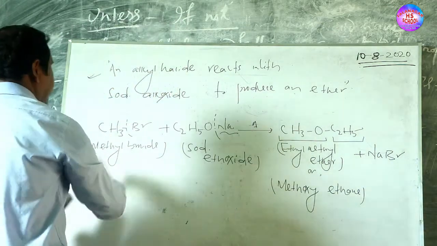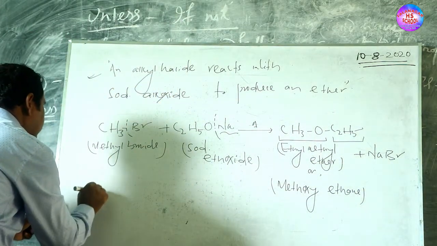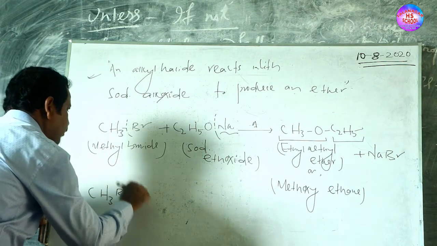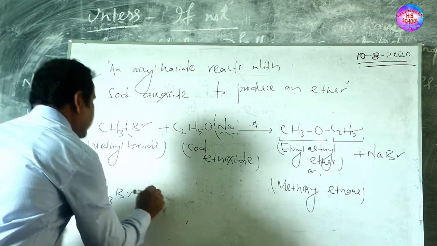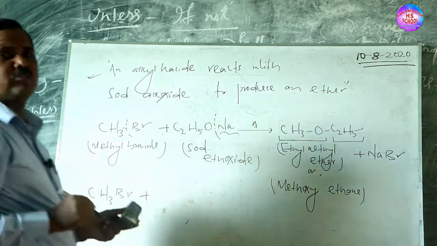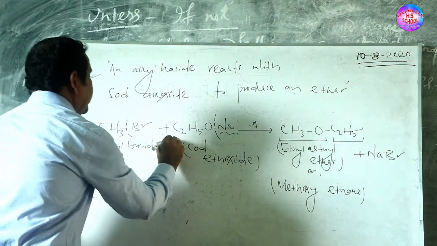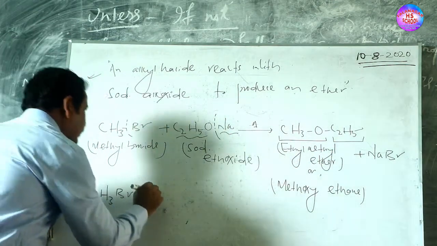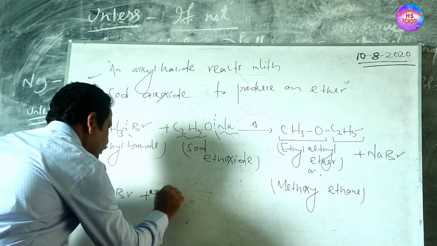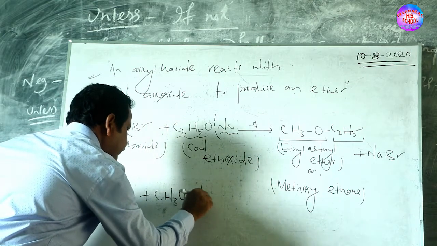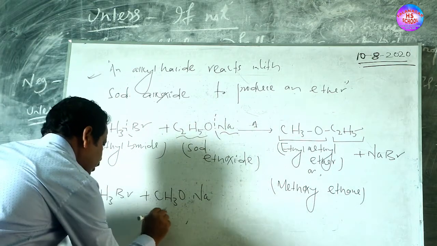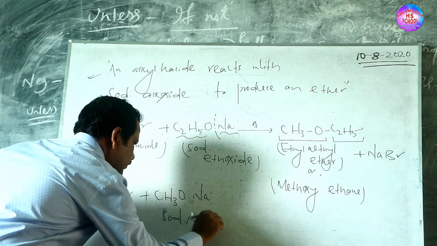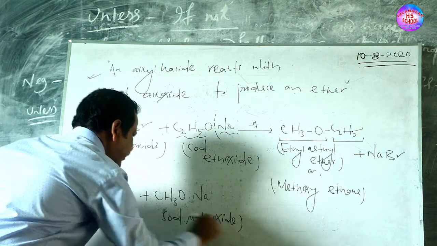So another example: suppose methyl bromide plus sodium methoxide. Instead of the ethyl group, we take methyl, CH3ONa, sodium methoxide.